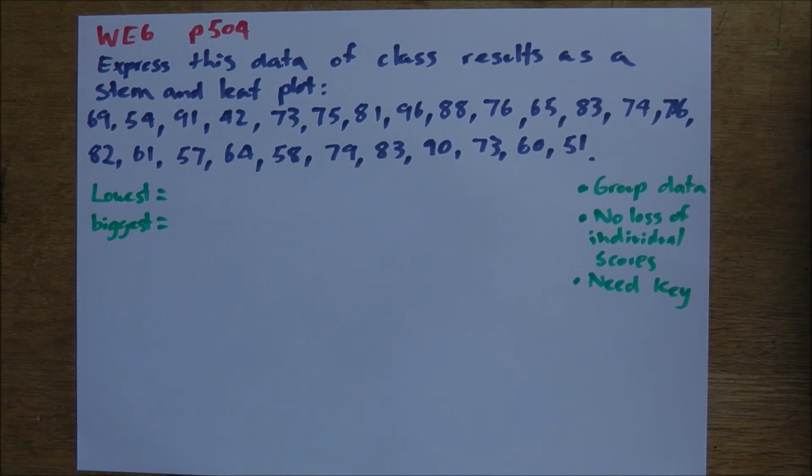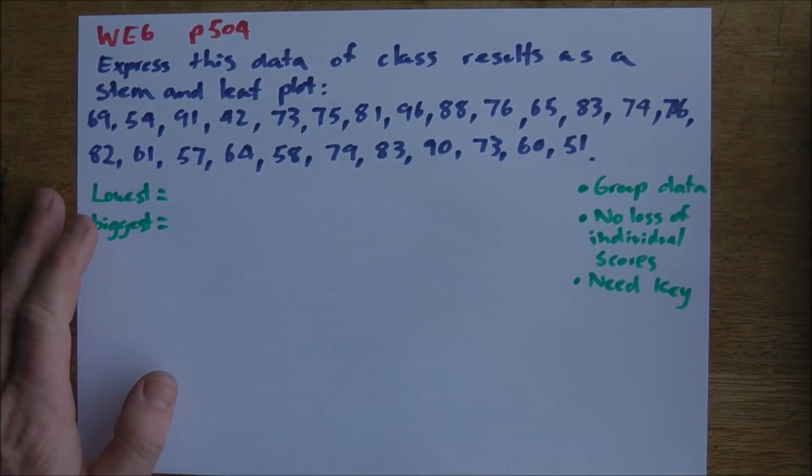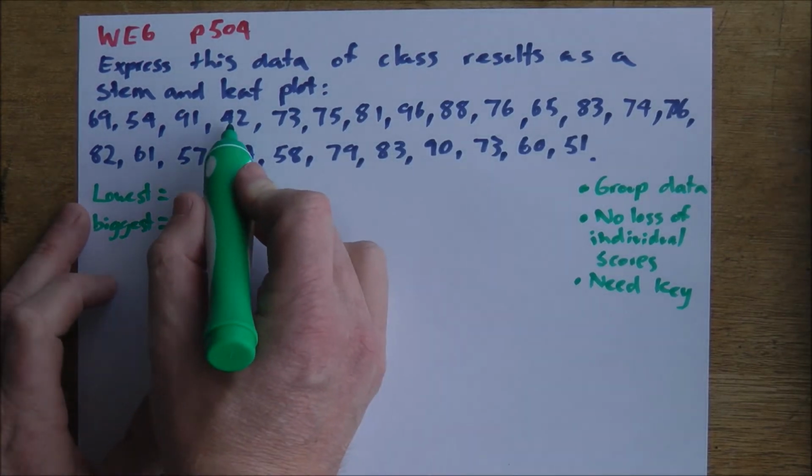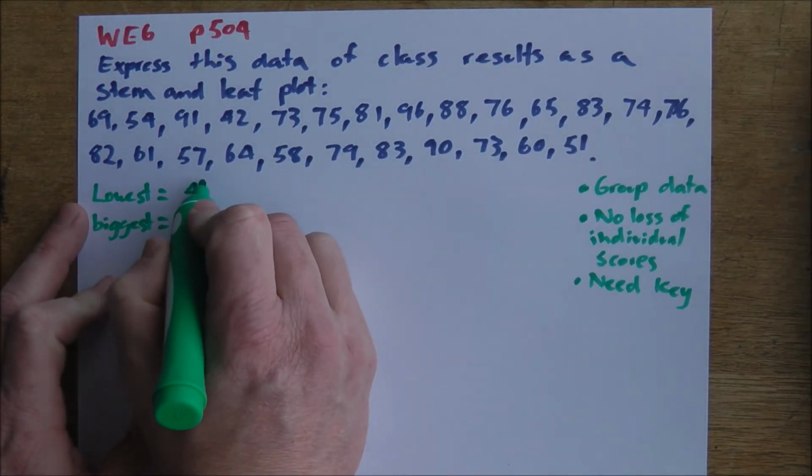Let's have a look at my actual question. A class obtained the following percentage results rounded to the nearest whole number in a science test. Express the following data as an ordered stem and leaf plot with a class interval of 10. So basically we're going to create a stem and leaf plot and the groups are going to be 10. My lowest number would be 42.